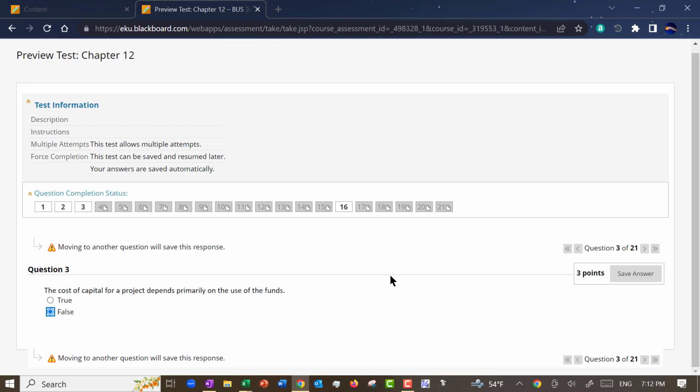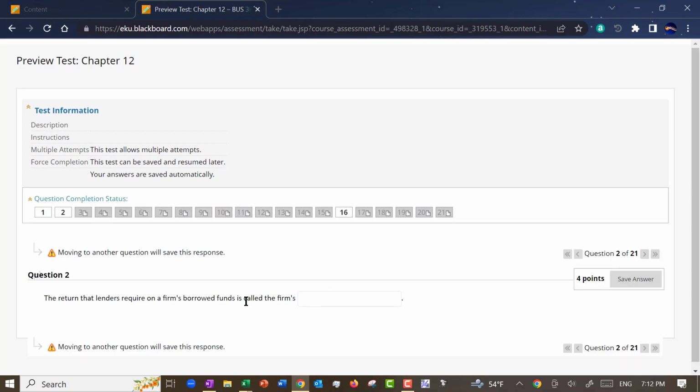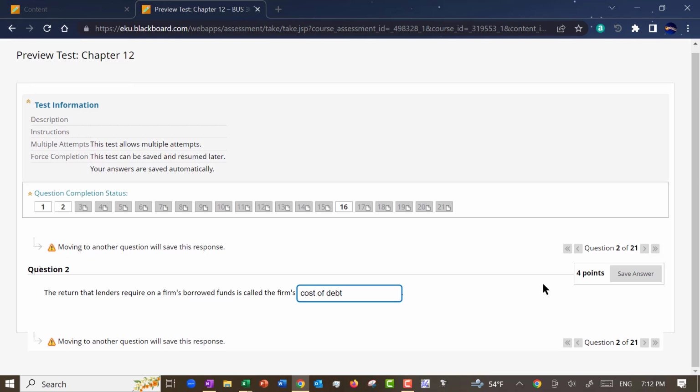That's also false. The return that lenders require on firms' borrowed funds is called firms' cost of debt. You could also say pre-tax cost of debt. That's it.